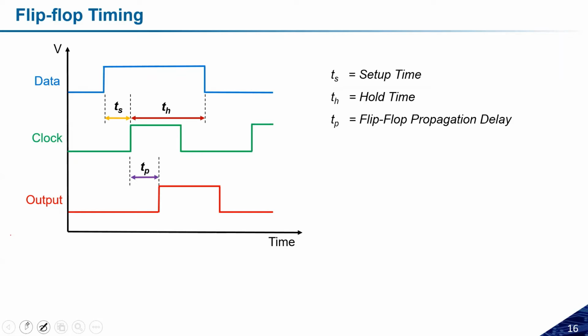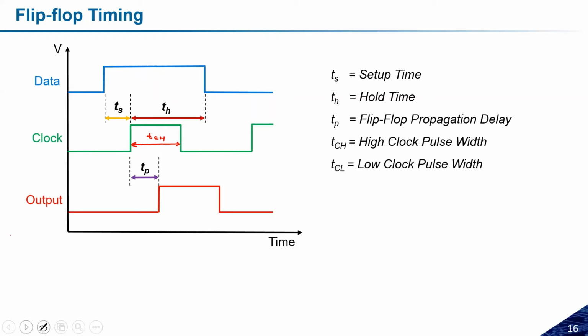One more parameter that we can have is TCH. TCH means the pulse width of the clock that it maintains for the high logic. So this time period is nothing but the TCH, the time period for which it maintains the high pulse.